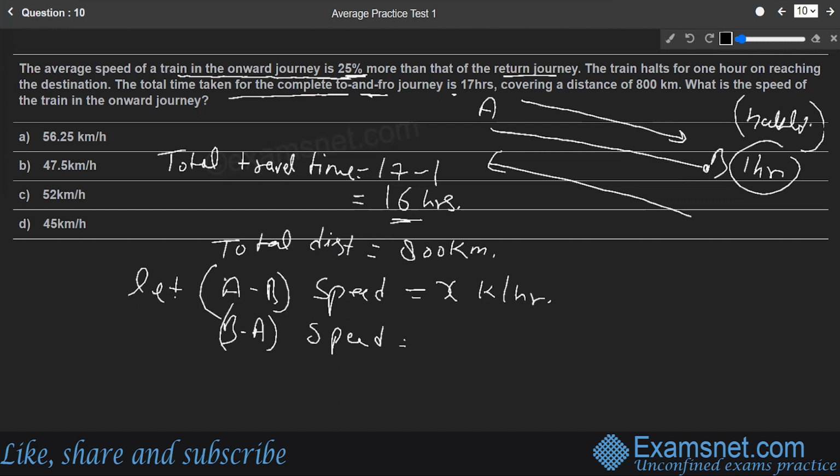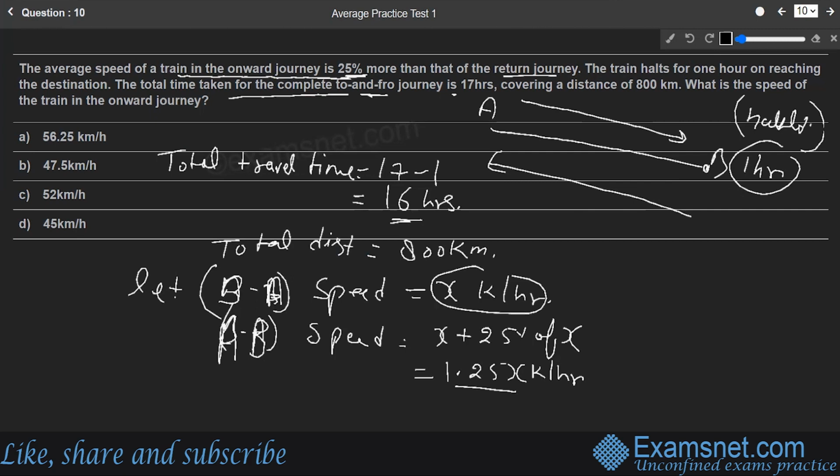Let us say B to A is x, then A to B should be how much? 25% more than x. So that is x plus 25% of x, that is nothing but 1.25x. So A to B is 1.25x, and the return journey is x kilometer per hour. These are the two speeds.